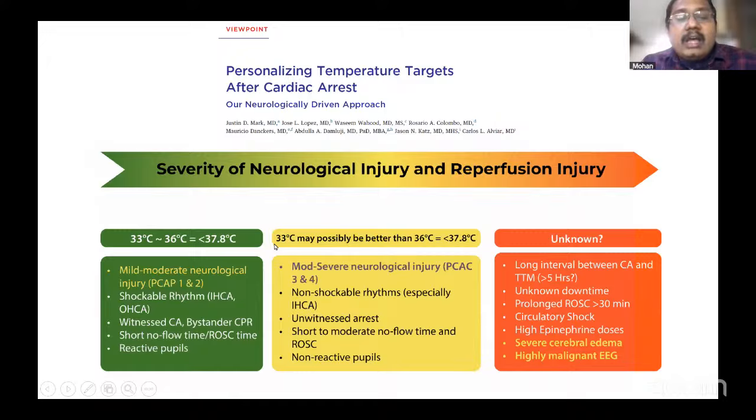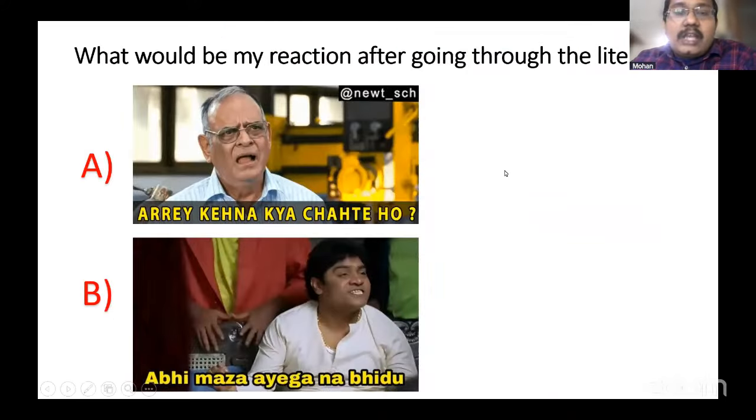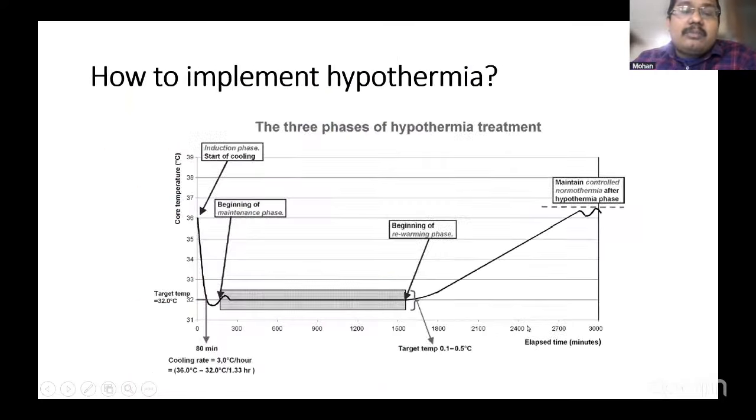This approach based on neurological injury might be beneficial, but we don't have current recommendations for dividing patients into groups and deciding upon hypothermia or normothermia, and that's what makes this very interesting.